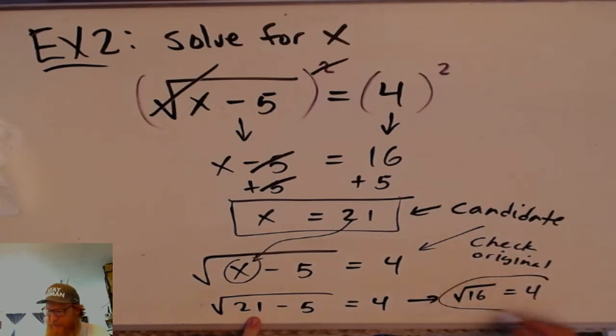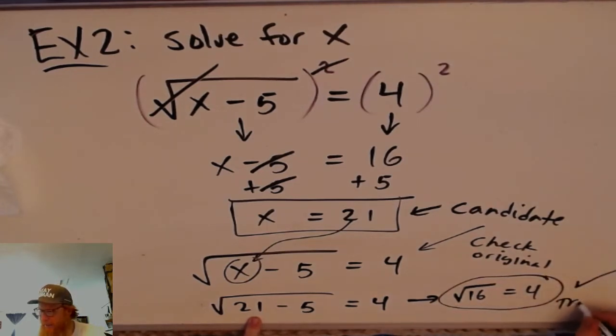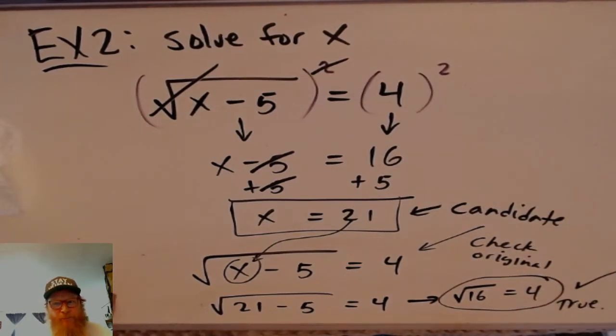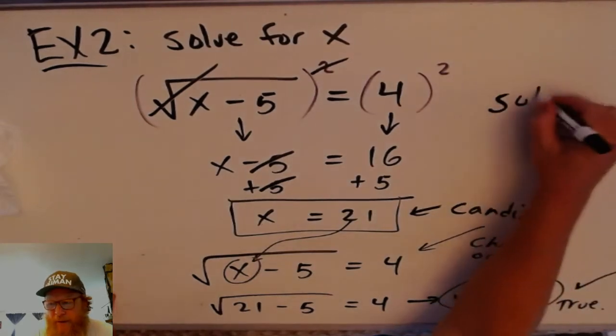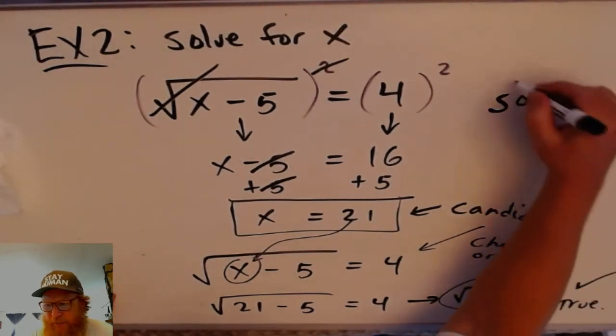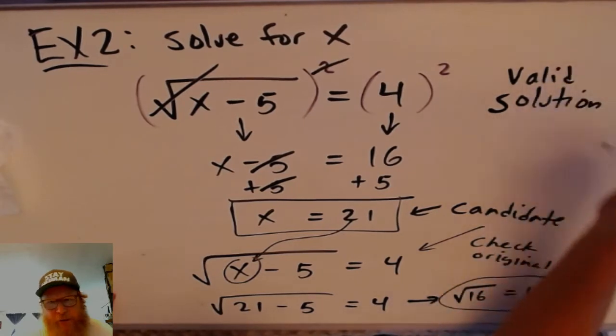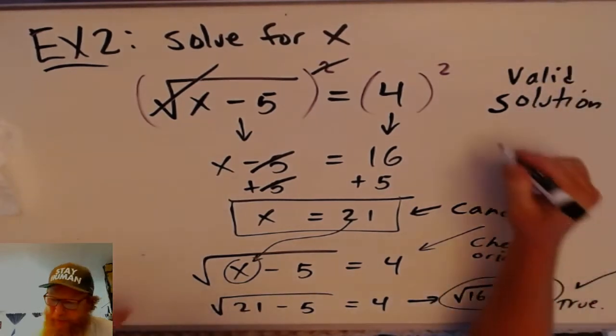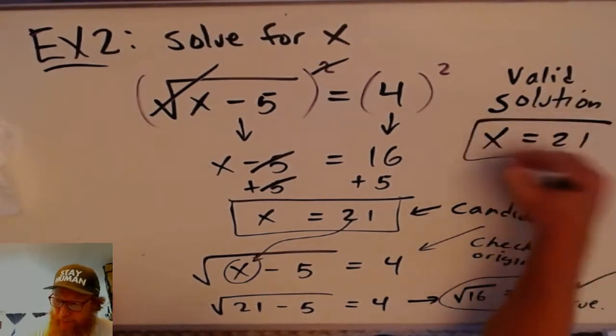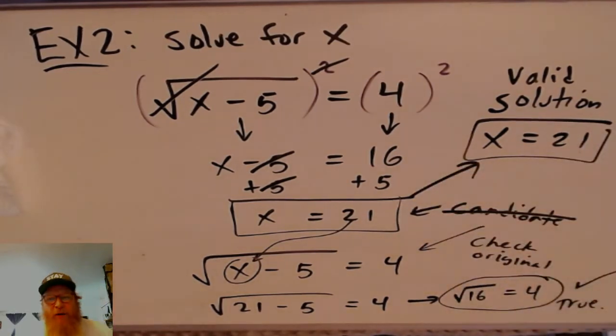Square root of 16 is 4. Check. That is in fact true. So if it is true, it becomes what we call a valid solution, or you could just say solution. It's no longer a candidate. It gets promoted to a higher level. It's now the solution.